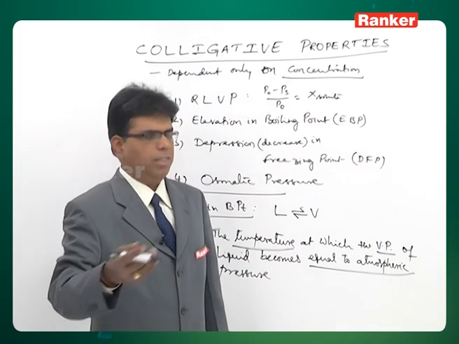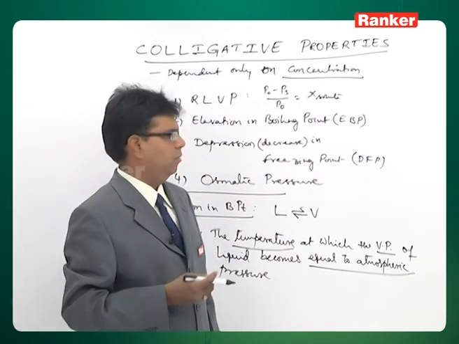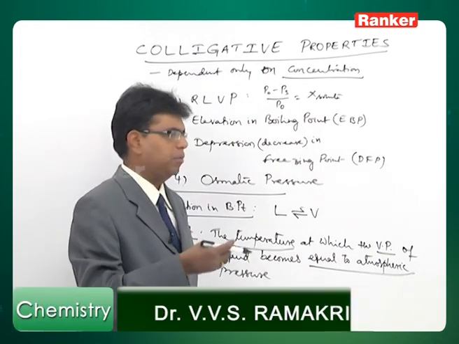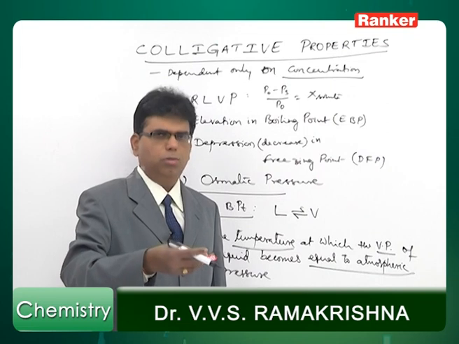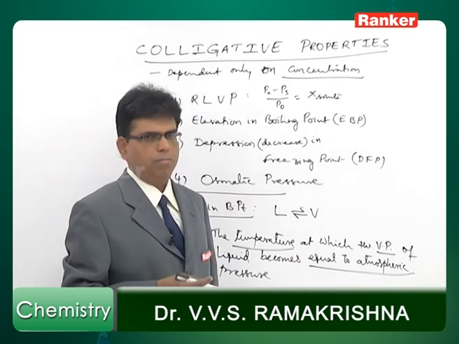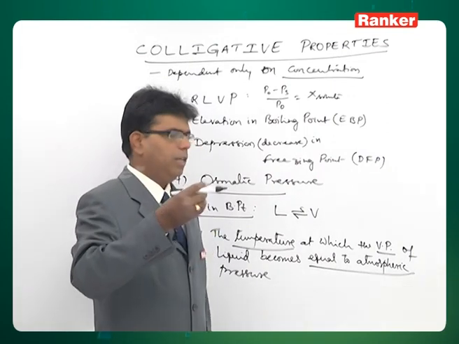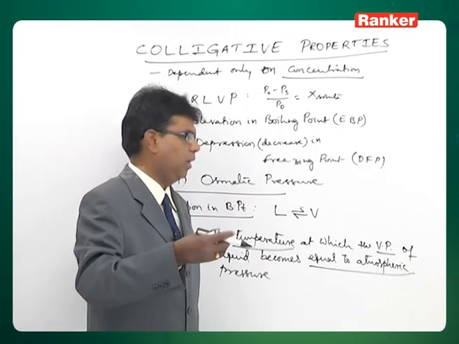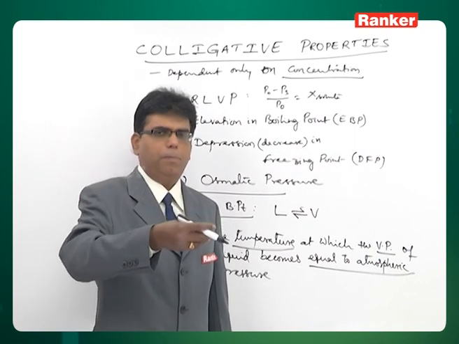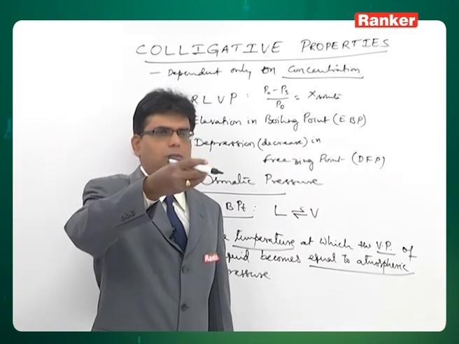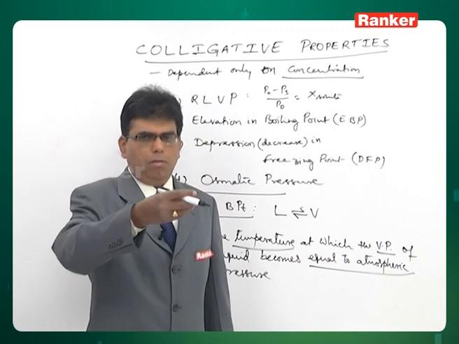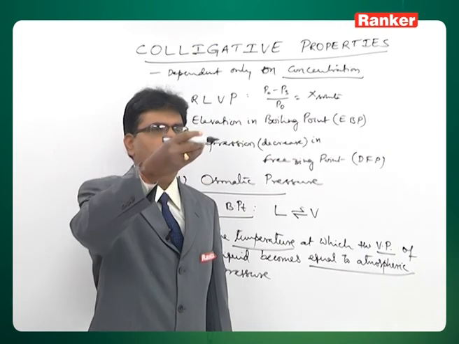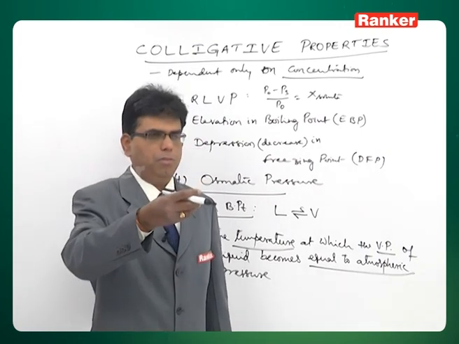For example, the other day in another lecture we discussed volatile and non-volatile liquids. A volatile liquid means one which evaporates fast, whose vapor pressure is relatively high. So, if you take two liquids, one more volatile and one less volatile, the more volatile liquid, whose vapor pressure is more, will obviously reach atmospheric pressure at a relatively lower temperature.